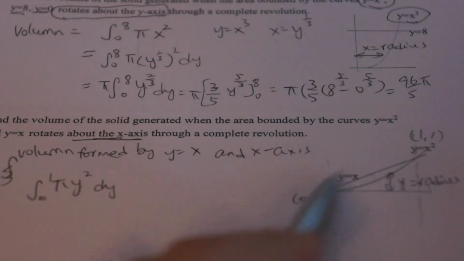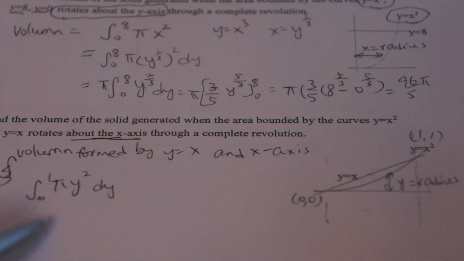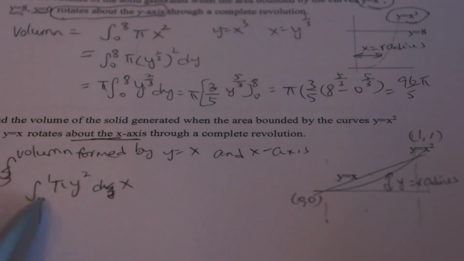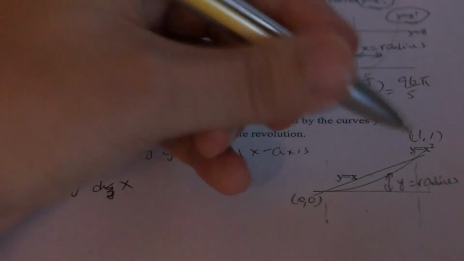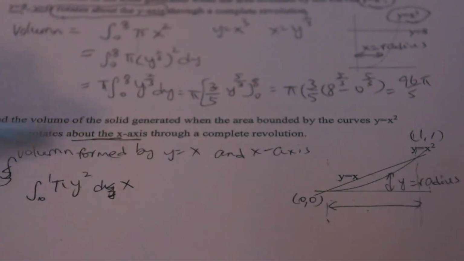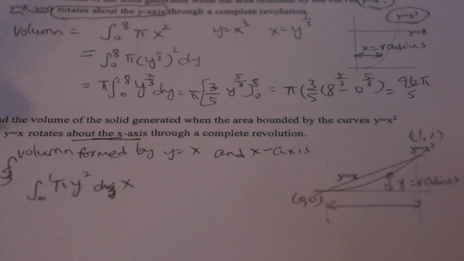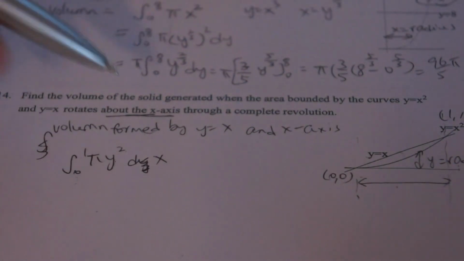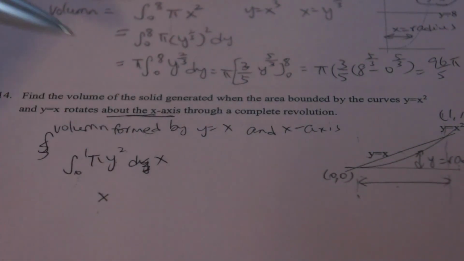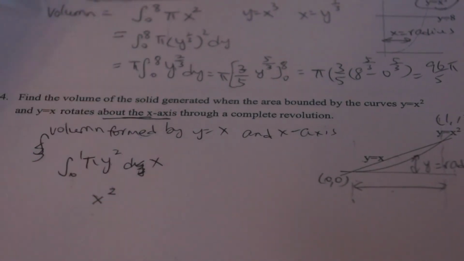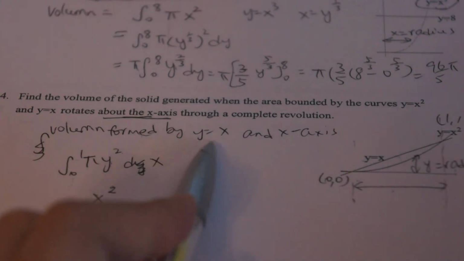Okay, so solve by substitution, and then you get this one. However, as I said, the range is 0 and 1, which is x. Okay, so the range here should be x. The radius is y, so we have to substitute y by x, because y equals x, right?